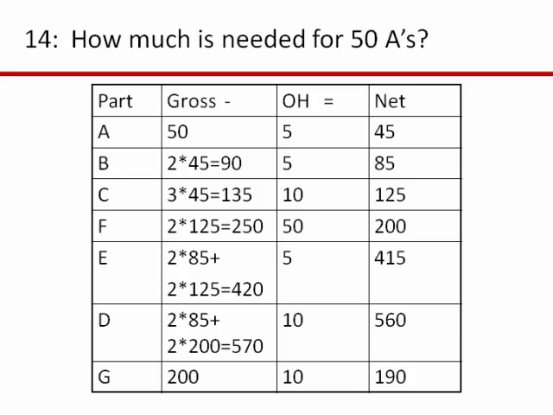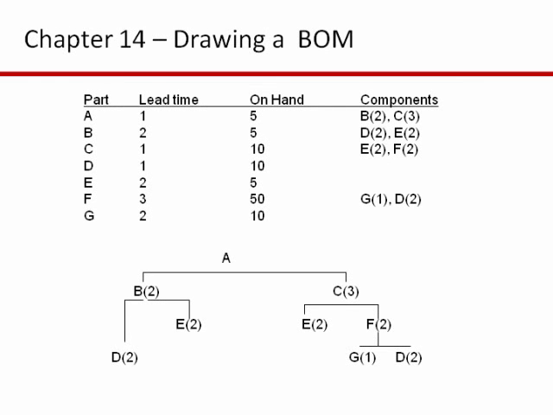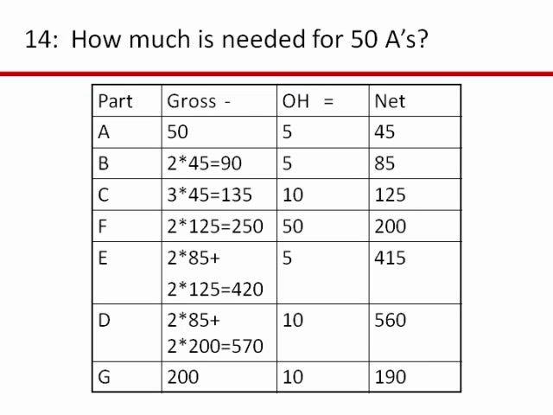So we have to deduct them from the gross requirements. Let's say we need 50 A's, and the previous slide says there are 5 A's on hand. So our net A's, we only need to make 45 A's, not 50.